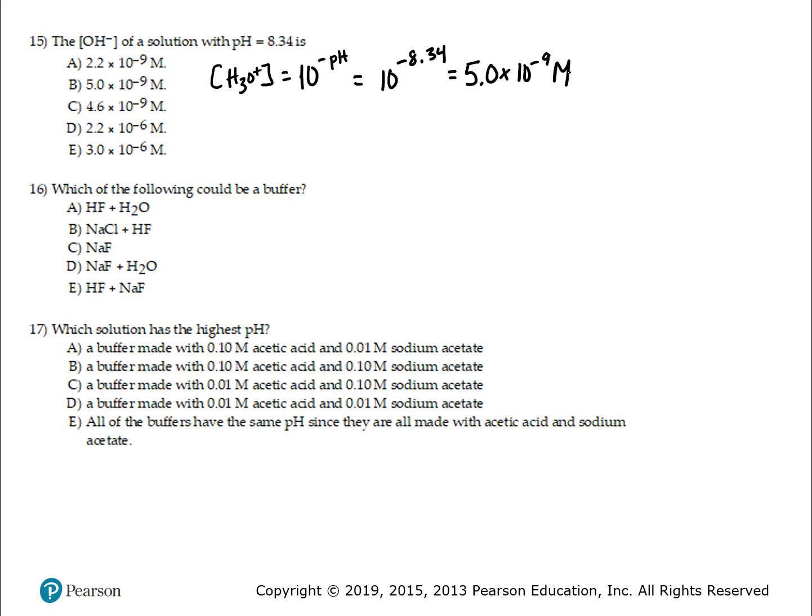So that's our hydronium concentration. Notice how that's an answer. Don't stop here. The question is asking for hydroxide. So you again have to go to your Kw equation.